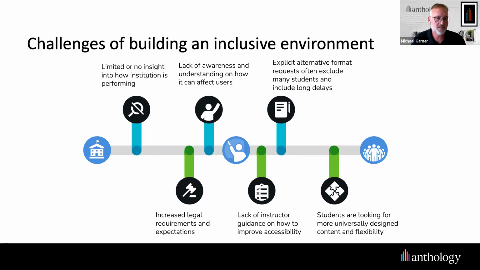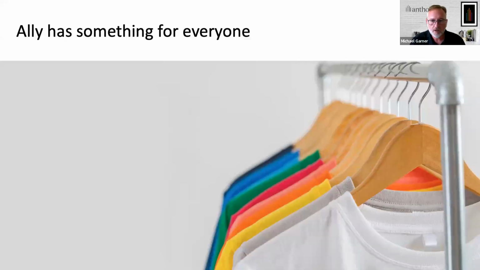Coming back to that previous slide about diverse users, diverse learners, people are looking for alternate ways in which they can consume content. It's about being able to consume it at the time, in the format when they need it, but it's also about supporting special needs and accessibility requirements. So with all that said, Ally has something in it for everyone.